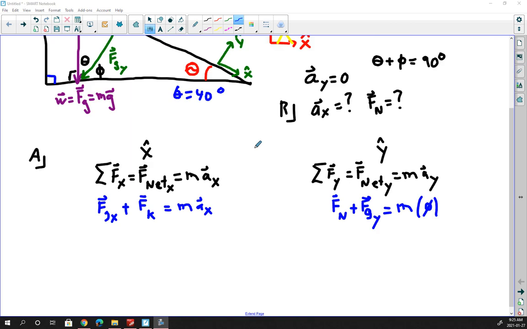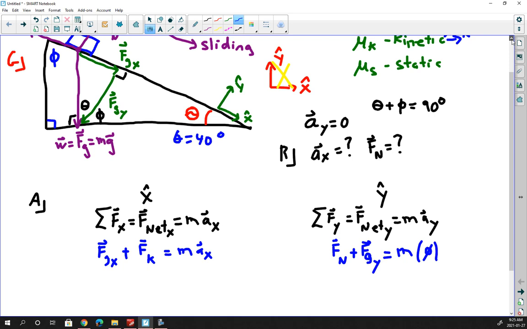All right, so now what I'm going to suggest we do, and we use this example in the second sleigh problem, is drop the vector notation. Then later on, when you do your substituting, everything you substitute in will be positive. So what we're really going to do here is get our direction from the free body diagram.